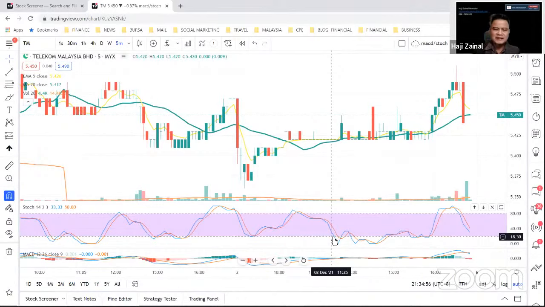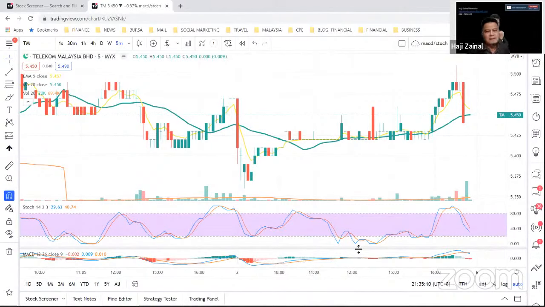The first thing you have to look at is the range or the uptrend, and also the signal. We use the stochastic to give you a signal. Once it has dropped below that level, that is the buy signal.